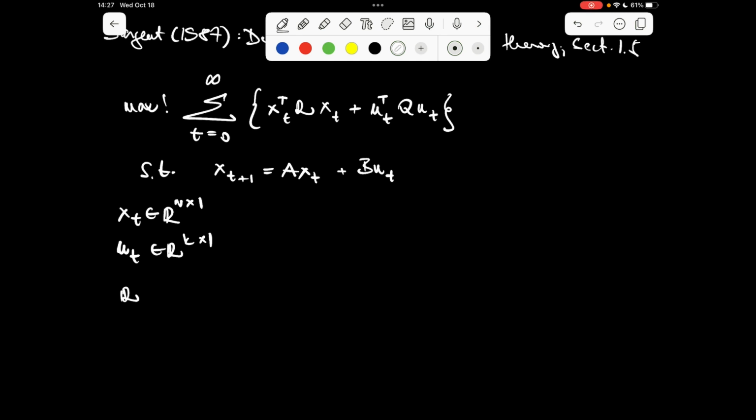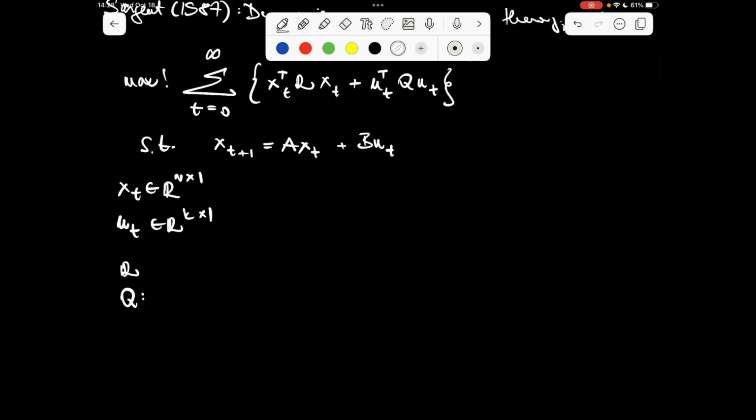Matrix R is a symmetric negative semi-definite matrix. Q is a negative definite matrix. Both are symmetric.